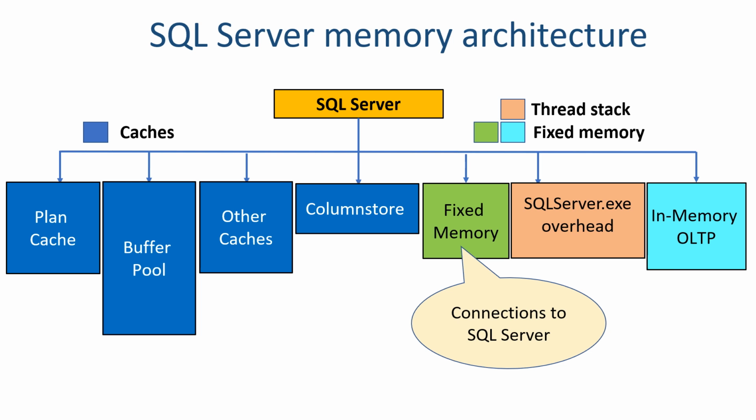For example, the stored procedures inside the plan cache will be pushed out of the plan cache and stored inside the system tables. And that cache space, which is available right now, will be given to the fixed memory. So that's how the SQL Server will manage this fixed memory.